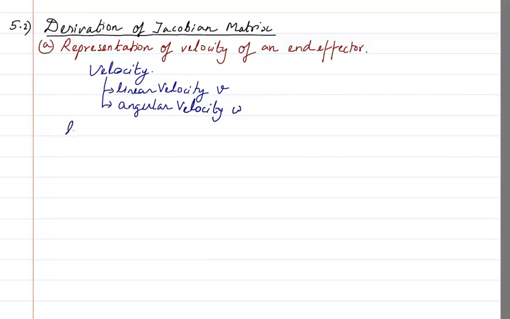First is linear velocity. In case of linear velocity, we take two positions at two different times that the end effector is going to be at. Suppose I am just going to talk about one direction, the x direction.